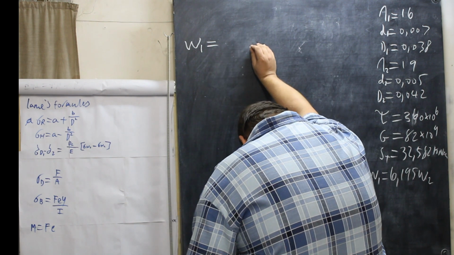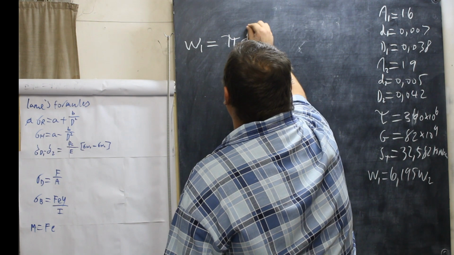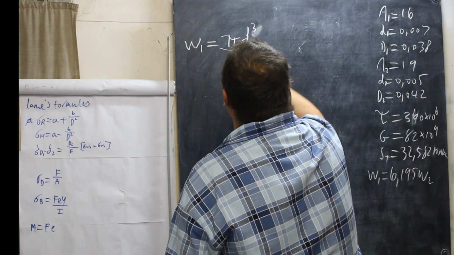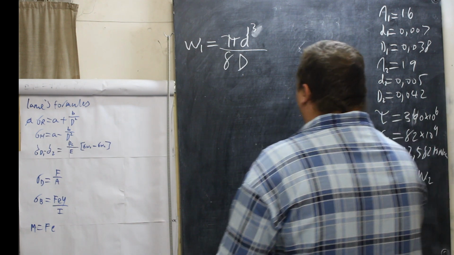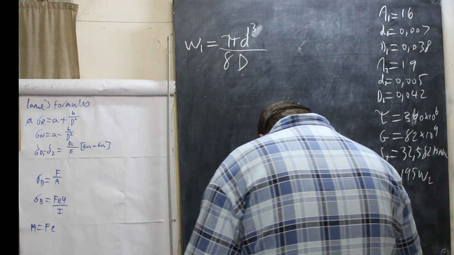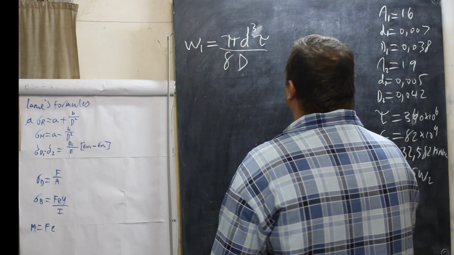W1 is equal to pi D3 of 8D, which equals tau.